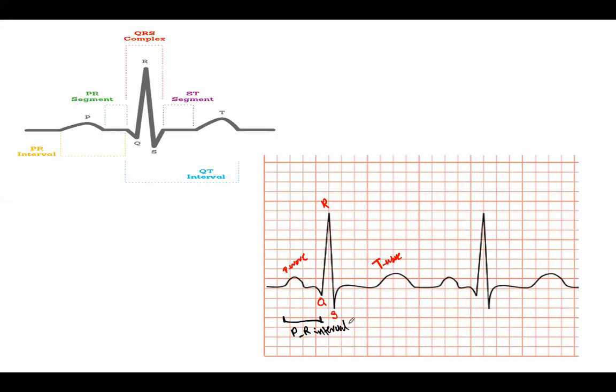And we have something called the QT interval, which in this case starts from where I ended the other one, and goes all the way to the end of my T. So this region right here would be my QT interval.